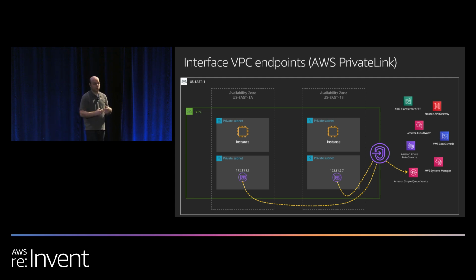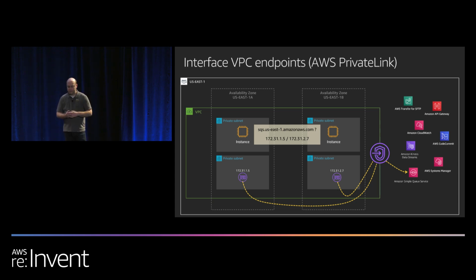Behind the scenes, AWS is creating a Route 53 private hosted zone that effectively overlays on top of the same fully qualified domain name that you were using previously. Now, when I do a DNS resolution, I get the private IP addresses that are within my VPC, and I have a path, in this case, off to SQS.